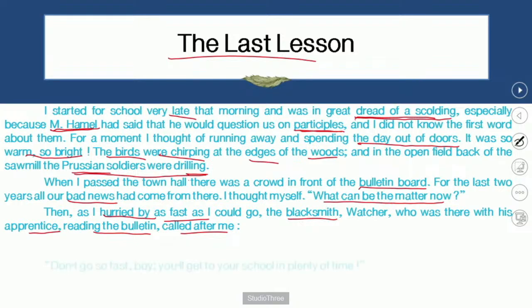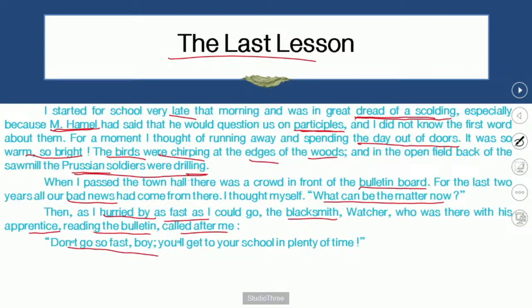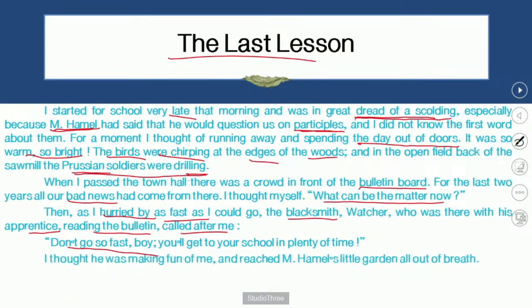Don't go so fast, boy, someone told him, you will get to your school in plenty of time. Means someone behind told the narrator that he had too much time to reach school. Now I thought they were making fun of me.